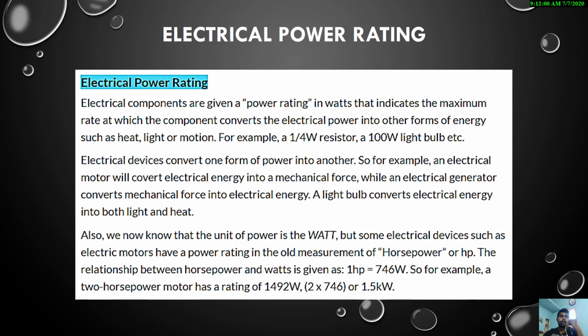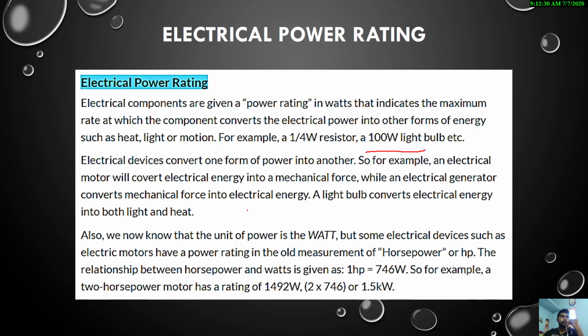Next is electrical power rating. As I already told, nowadays major electrical devices are bought from the shop by knowing their power ratings, like 10 watts, 15 watts, or a 100 watt light bulb, LED bulbs and all lighting systems.